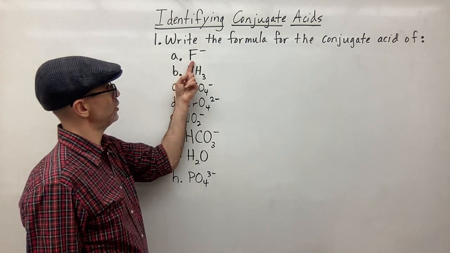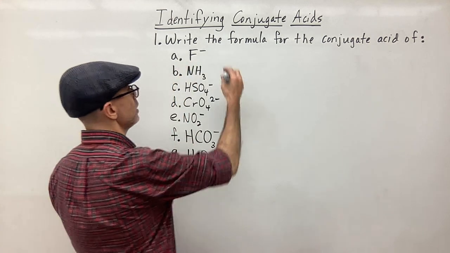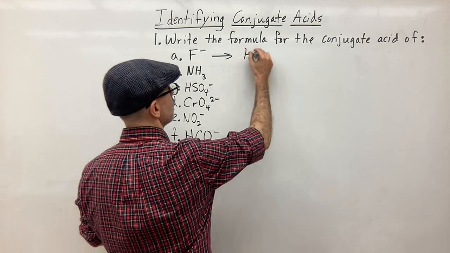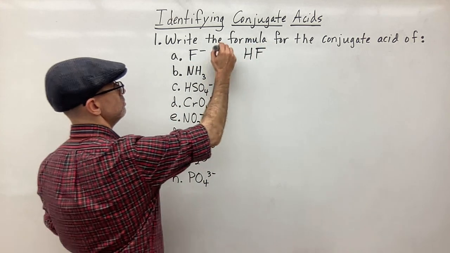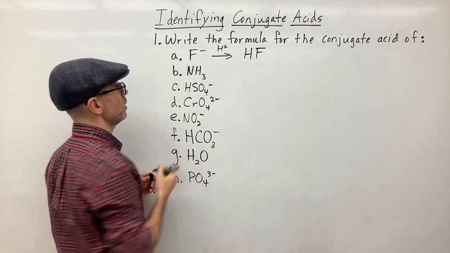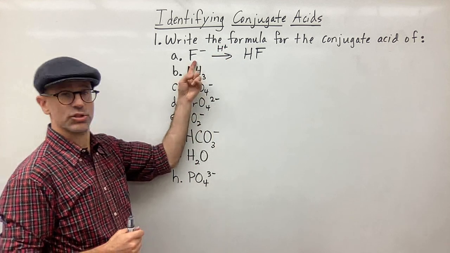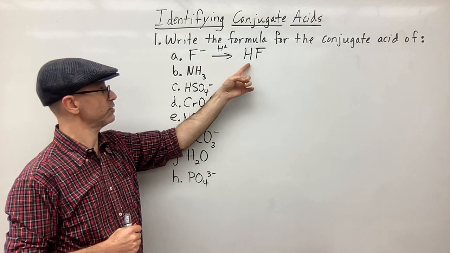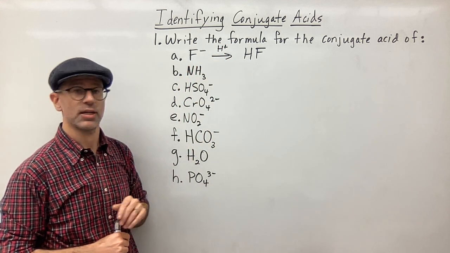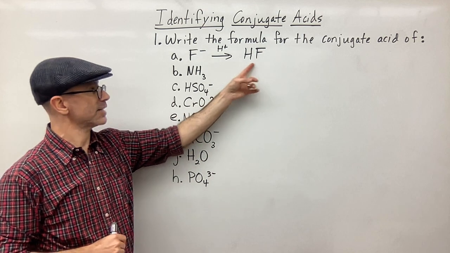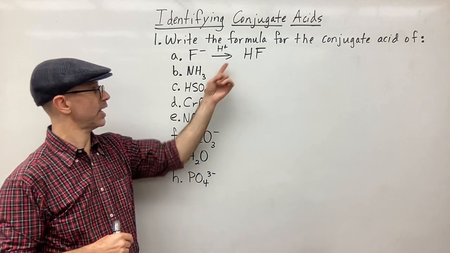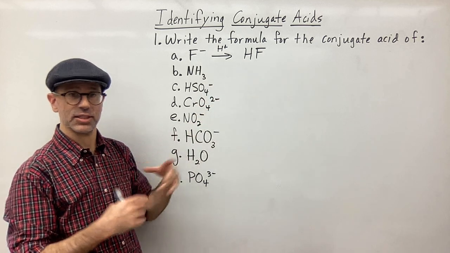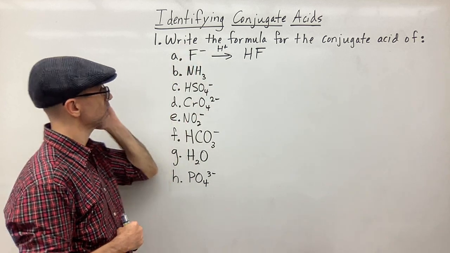So the conjugate acid of this is going to be HF, because I'm adding a hydrogen to my fluoride and I get HF. So there's the conjugate acid of this. Now, this acts as an acid because HF can give away its hydrogen and then act as an acid to reform the F minus.